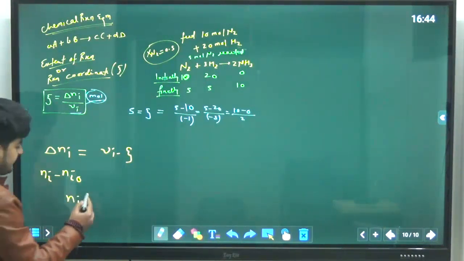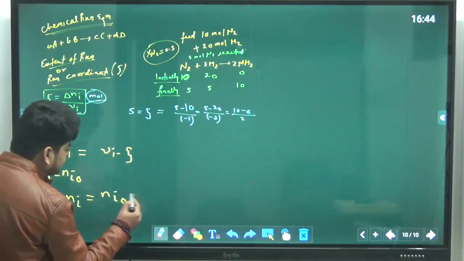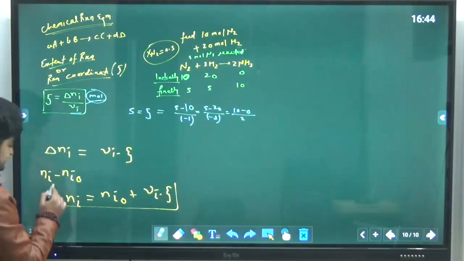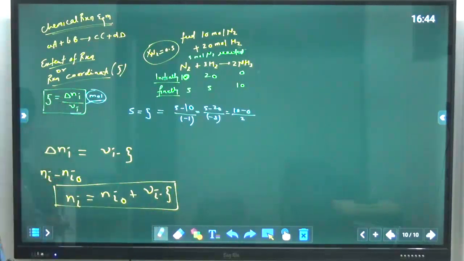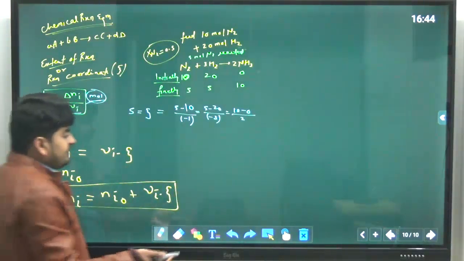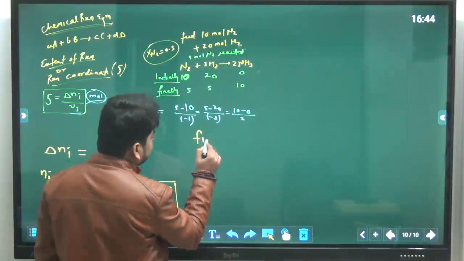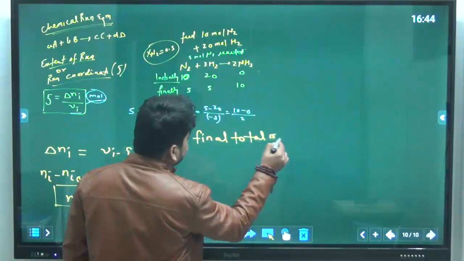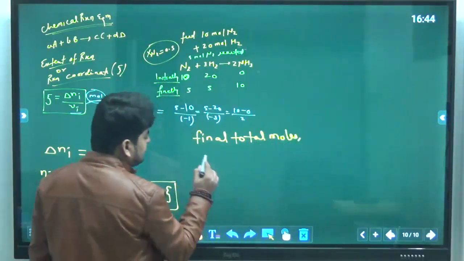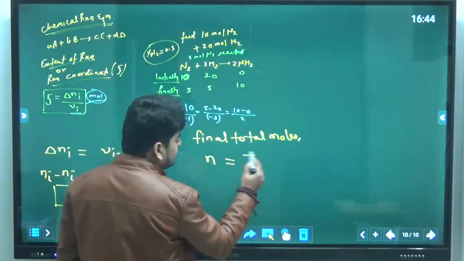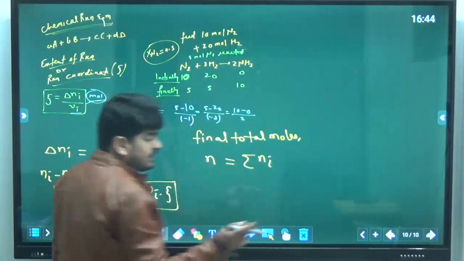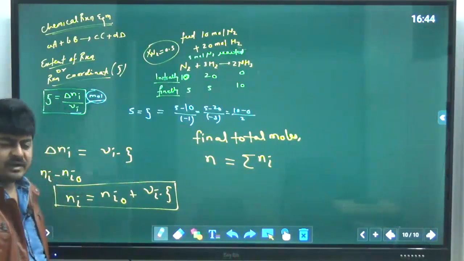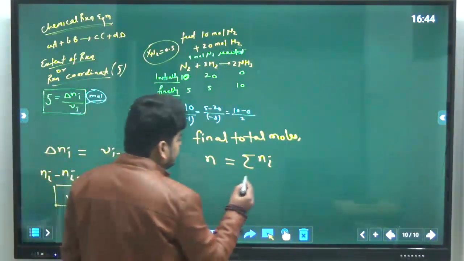So Ni, the final moles of component i, will be equal to Ni naught plus nu i into zeta. And if I want to calculate the final total moles of the reaction mixture, that is N, what is that? That will be the sum of Ni of all the components in the mixture. You will get the final total moles.